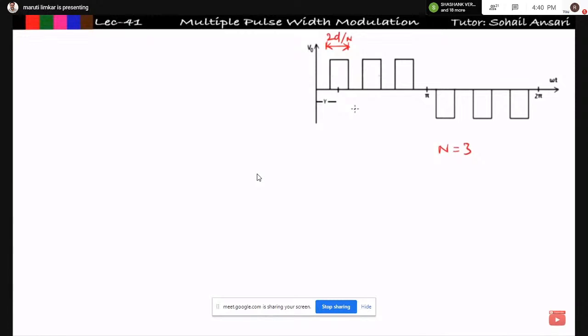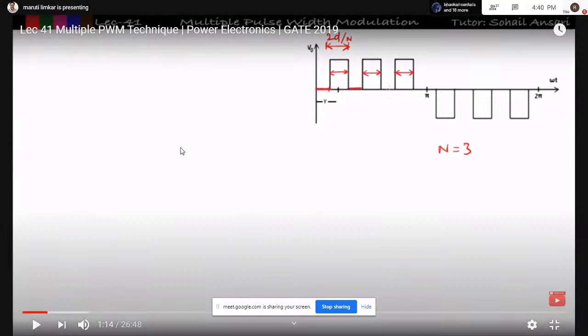In the multiple PWM technique, each pulse width is the same, and the space widths are also equal. This is my space width, and this is my space width, and this is my space width.